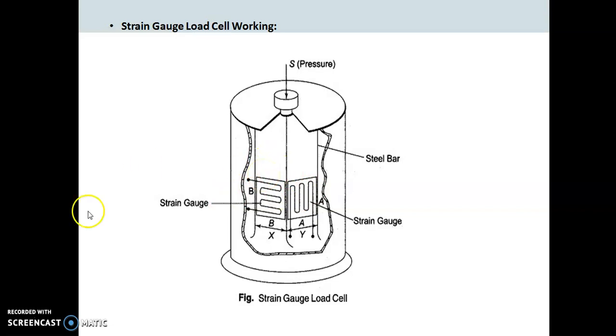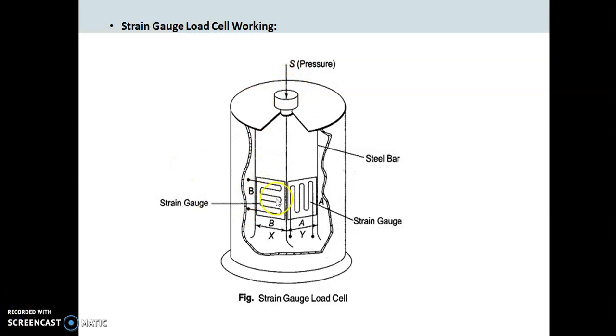Let us see its working now. This load cell is used for weighing extremely heavy loads. It uses the length of steel bar as an active element. It uses the strain gauges for measuring weight. The weight is applied along the direction shown by this arrow.